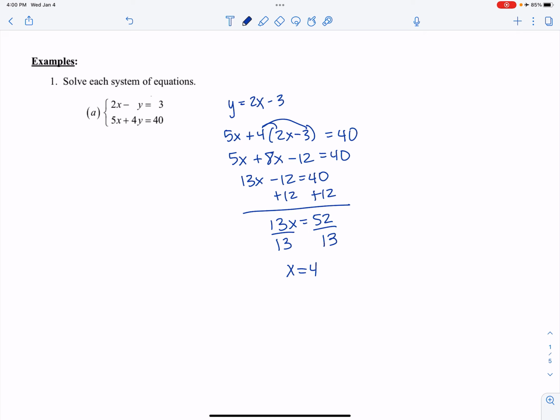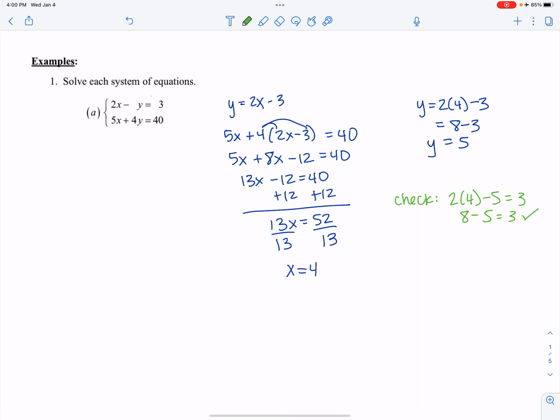And then we'll plug that back into the first one. y equals 2 times 4 minus 3. So 8 minus 3 is 5. Let's check it. So if x is 4, 2 times 4, and y is 5, minus 5, it needs to equal 3. 8 minus 5 equals 3, that checks.